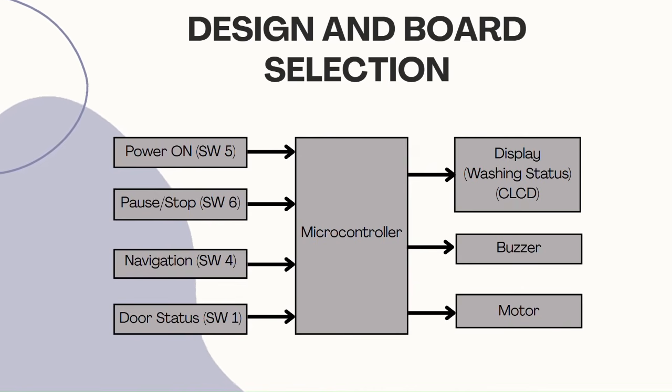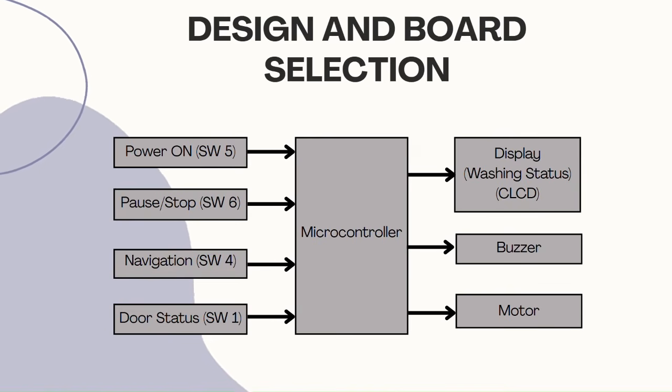Switch 5 is used for turning on the washing machine. Switch 6 is used for pausing or stopping the operation in the washing machine. Switch 4 is used for navigation. Navigation means navigating through the options or also moving from a page to another page. And then switch 1 is used for door, representing the door status, whether it is opened or closed.